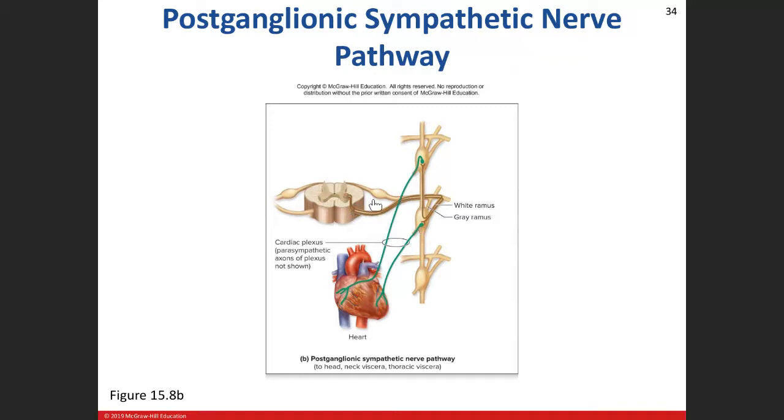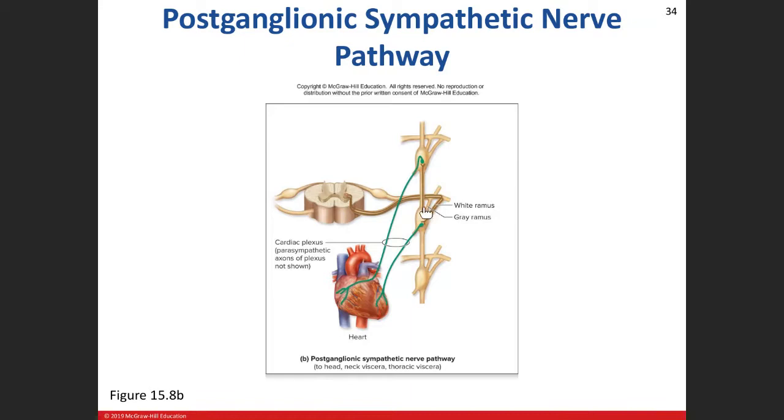So in this scenario, it enters into the sympathetic chain, but it does not leave through the gray ramus. It will come out anteriorly, through the front. So it can still ascend and then exit, or descend and exit, but it is going to come out through the front.